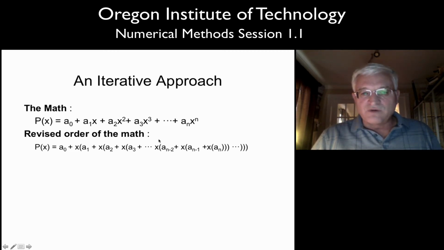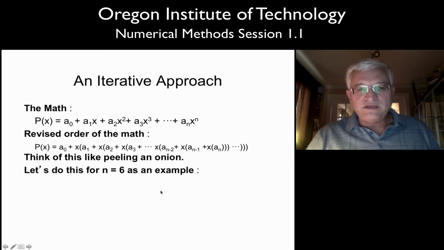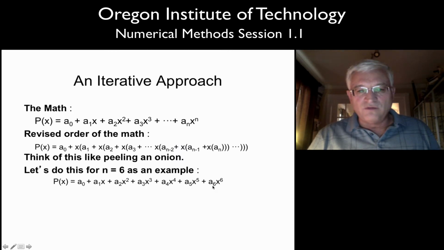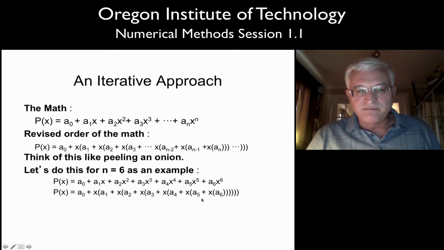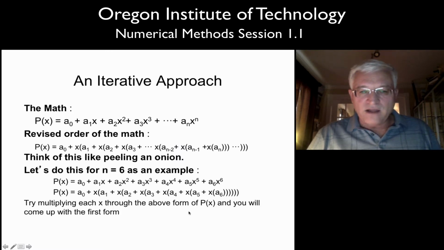And continue this process of multiplying by x and adding a coefficient going from right to left until I get all the way down to the bottom. If we did this for just n equals 6, then here's what our polynomial would look like. And if I rewrote that polynomial using the nested parenthetical approach, then it would look like this. I'll start from the end and I'll work backwards.